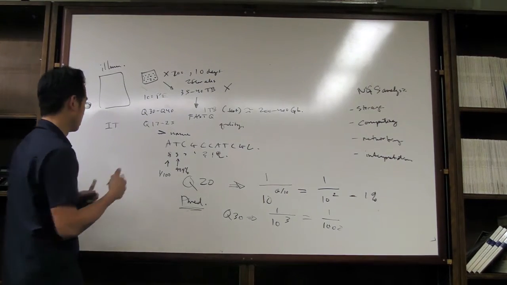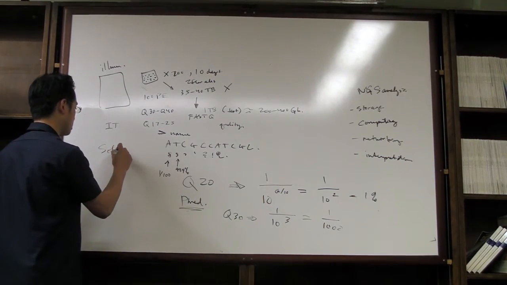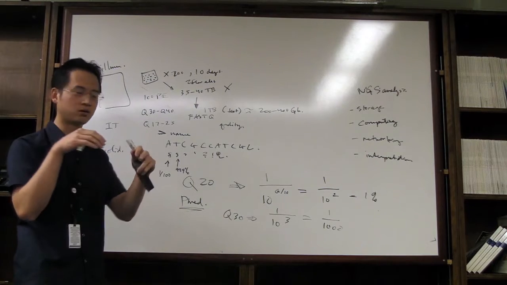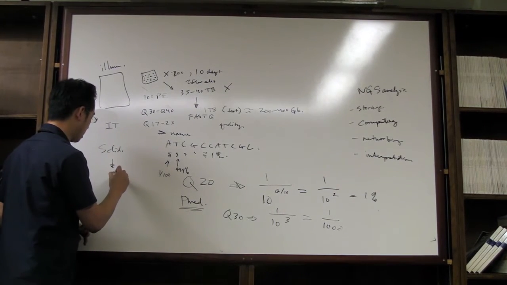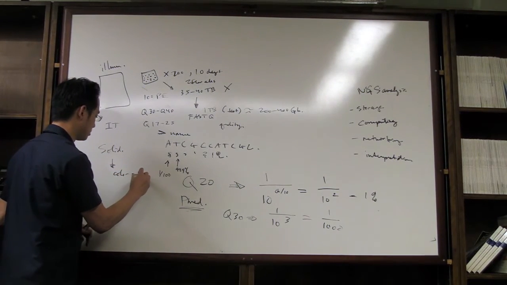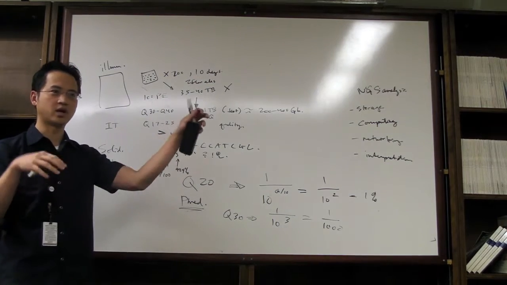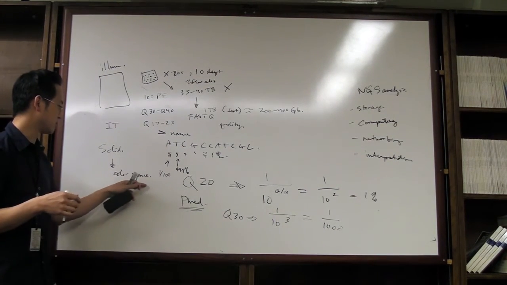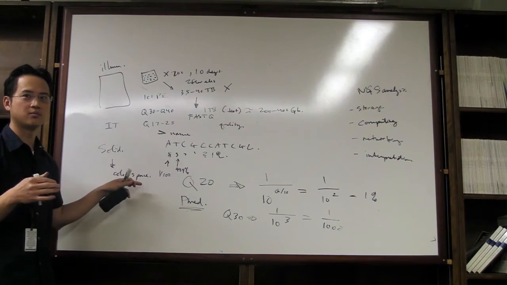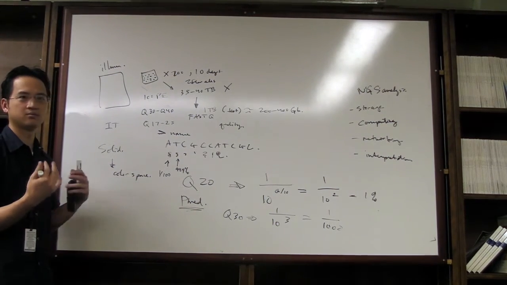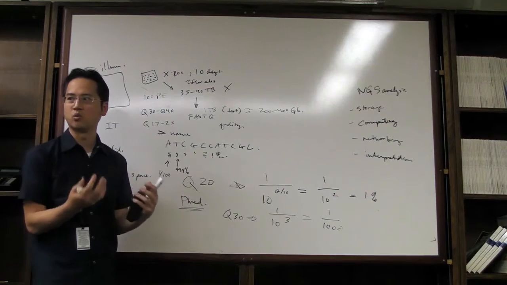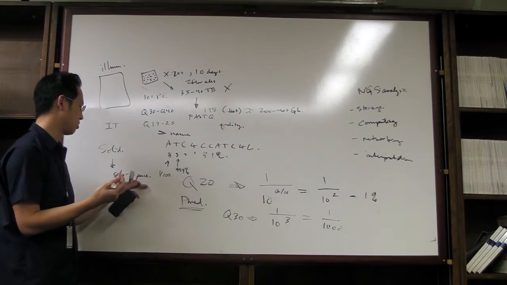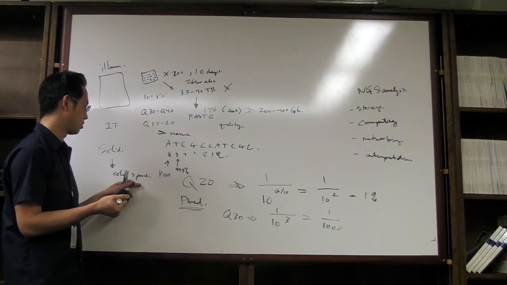So just briefly, you remember SOLiD and the crazy two-base encoding with color? They generate a color space file where it's just red, green, yellow, blue, whatever. And I mentioned that it's a detriment to them because they pushed out a new data format that people couldn't understand, couldn't work with, and it took maybe a year or more for people to start working with them.